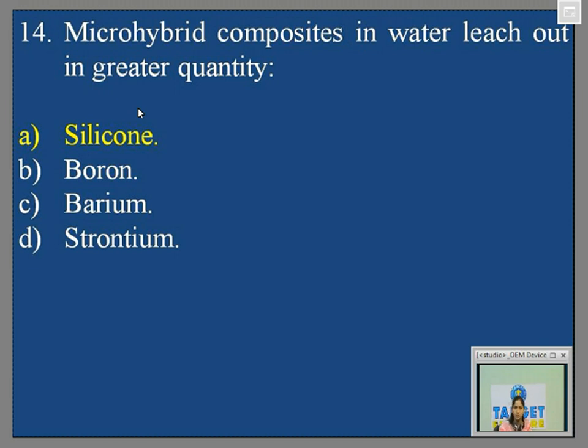But out of all these, silicone is the most soluble, and it is the one which gets maximally and first leached out from the composites. So the answer is silicone. If the question is the most commonly used glass filler, then it is barium.